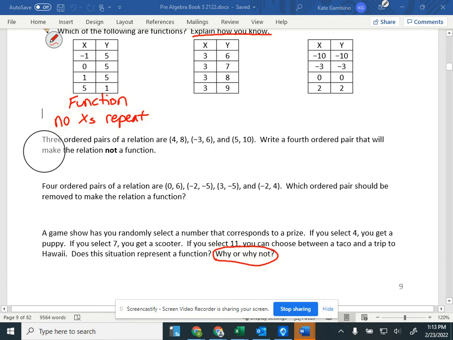So if your friend wrote down that something is not a function and you're not sure, make sure you understand it. Don't just write it down. If you don't have a good understanding today, you're going to be even more lost with the next objectives.